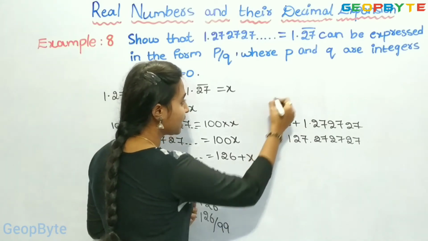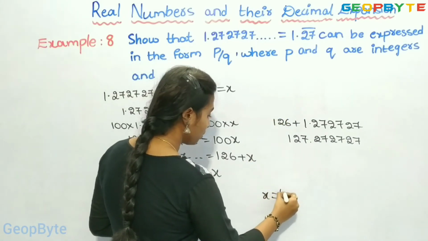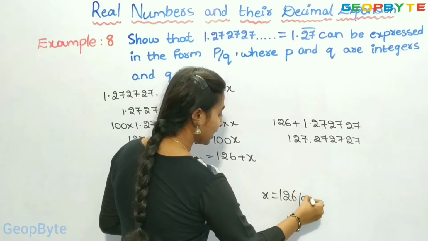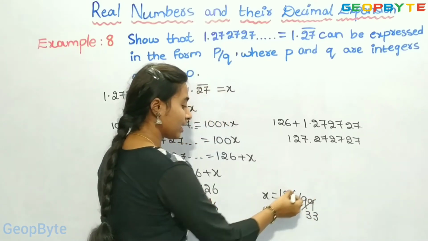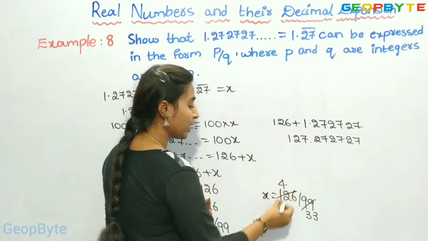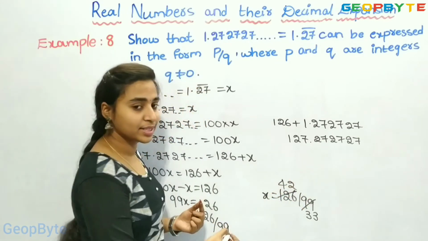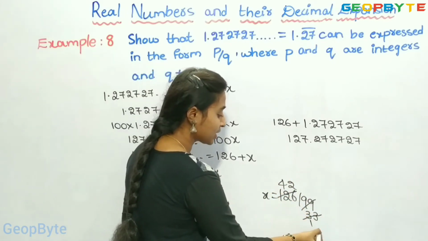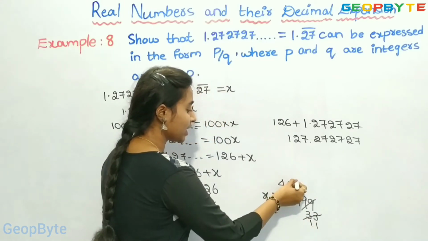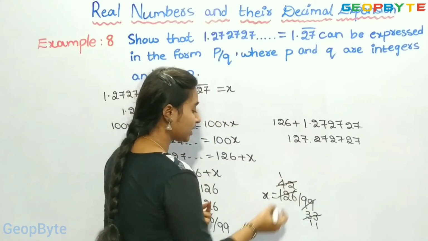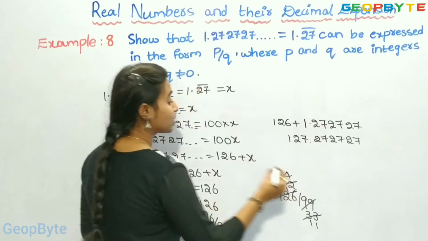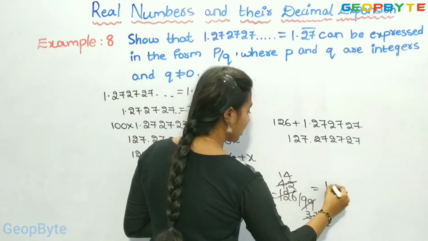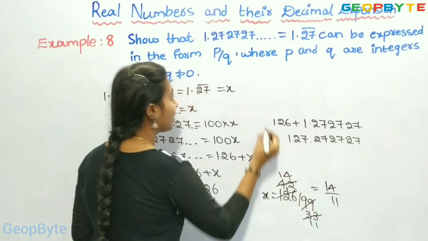So, if you see, X equals 126 by 99. 3 3s are 9, 3 3s are 9, 3 4s are 12, 3 2s are 6, 3 1s are 3, 3 1s are 3, 3 1s are 3, 1 is left, 3 4s are 12. So, X is equal to 14 by 11.